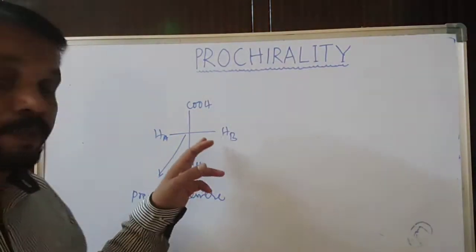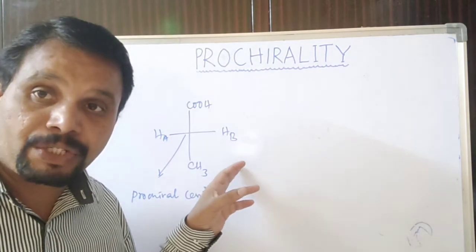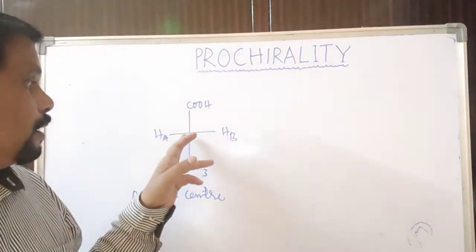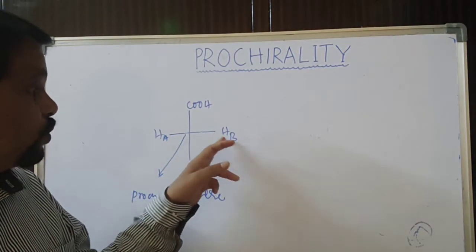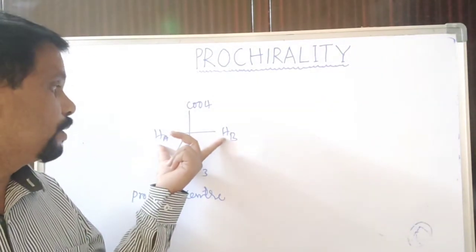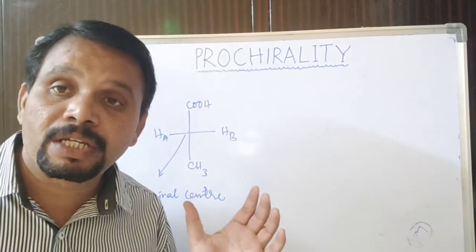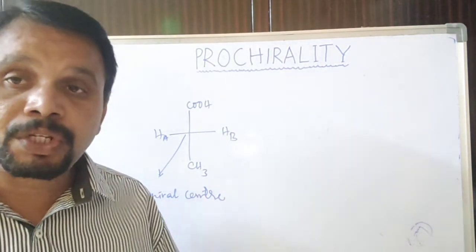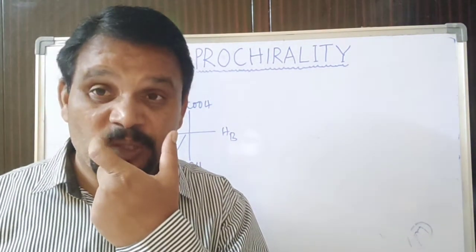This molecule is a prochiral molecule, as I explained to you, right? Because it has two stereoheterotopic units. These two stereoheterotopic units are involved in the reaction and produce two chiral stereoisomers.